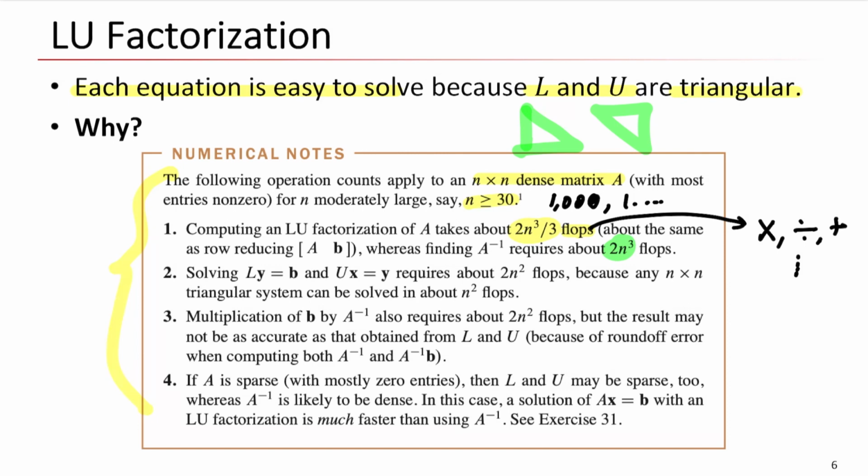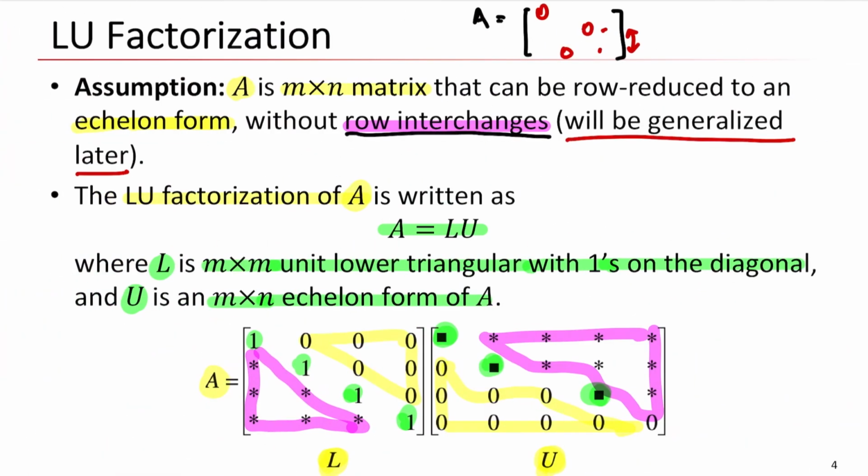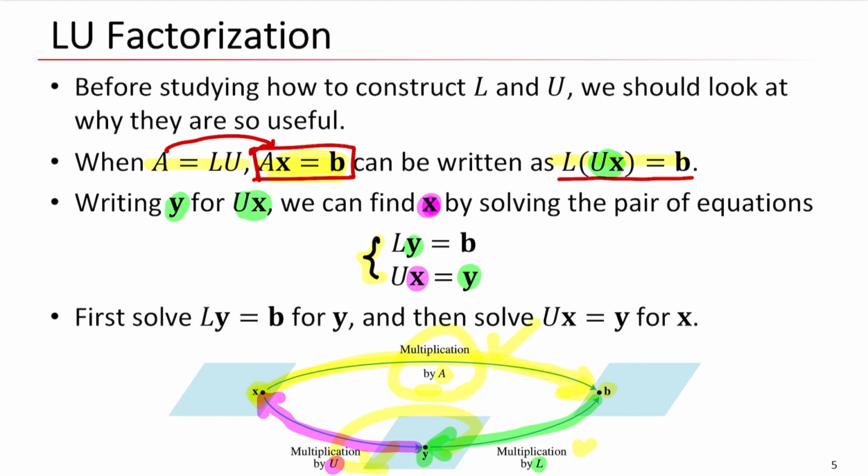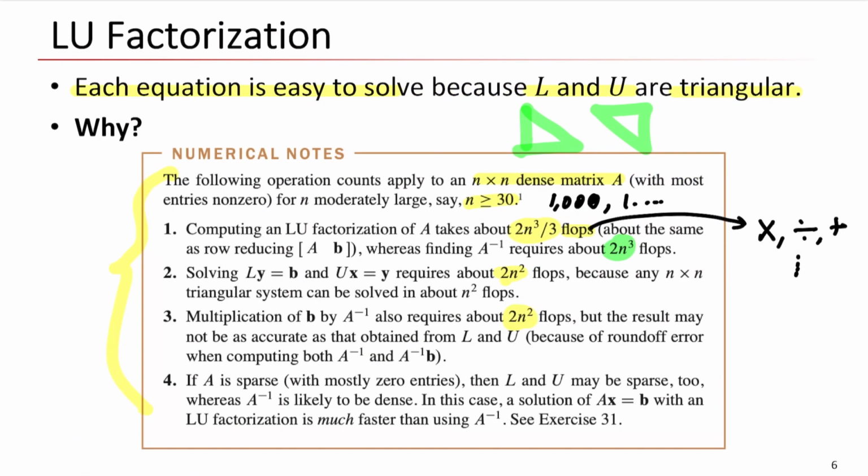Then solving Ly equals b, Ux equals y requires 2n squared flops because this is a triangular system. Multiplication of A inverse times b also requires 2n squared flops. Please think about something like this, comparing this one and this one and this one.